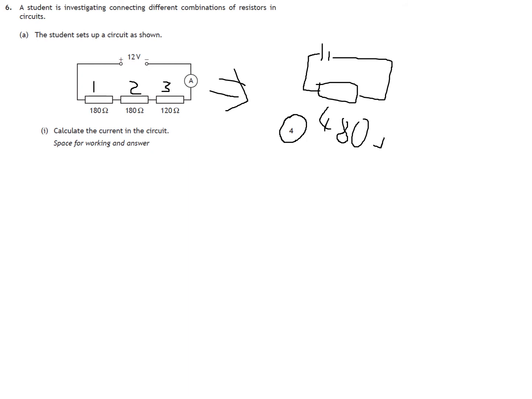Okay, so then we know it's 12 volts, and because it's the simplest circuit already, we just use Ohm's law. So remember, write down your equation as you see it in the equation sheet. So you pick up marks, easy marks. V is equal to IR.